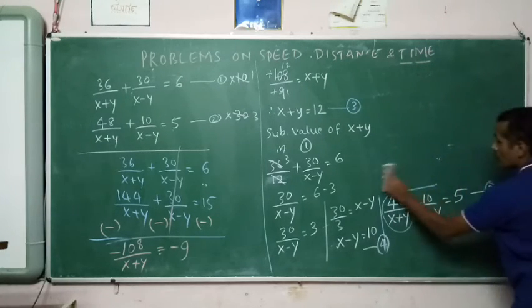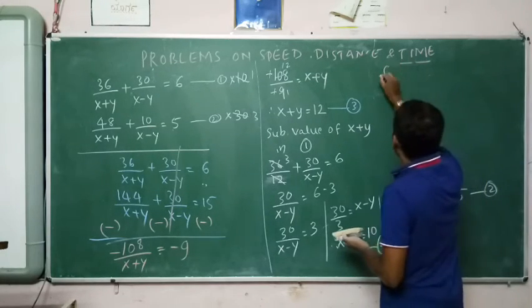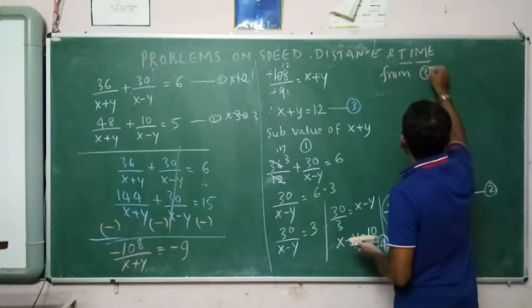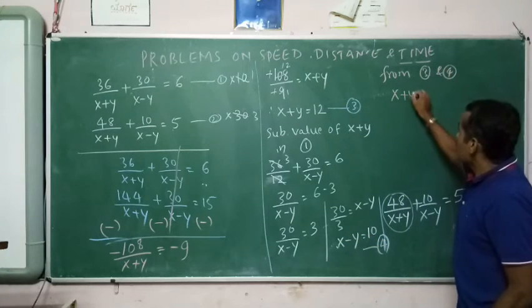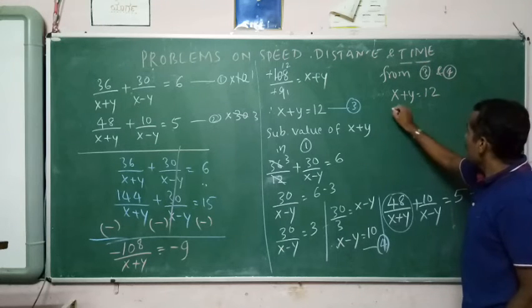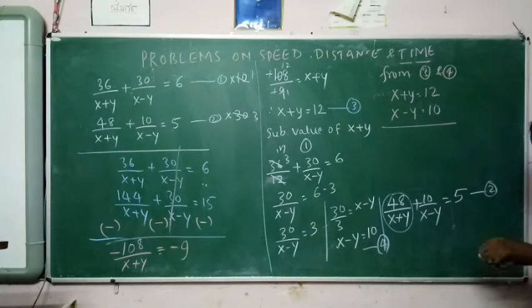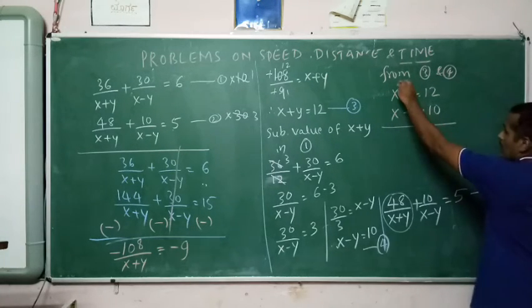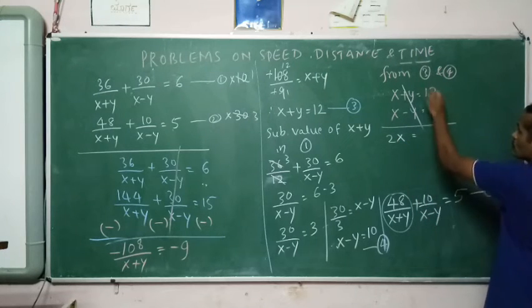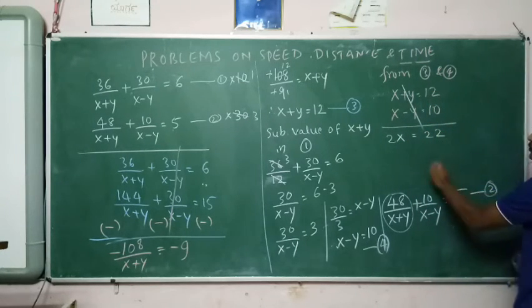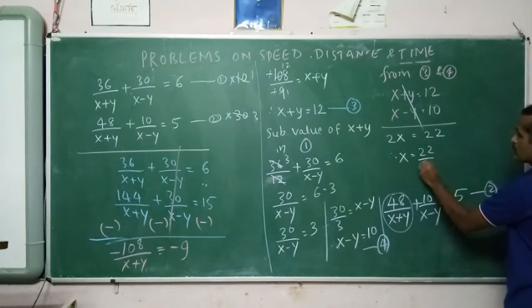Now, I have to solve equation 3 and 4. x plus y is equal to 12. x minus y is equal to 10. Plus y and minus y are getting cancelled. 2x is equal to how much? 22. Therefore, x is equal to 22 by 2.